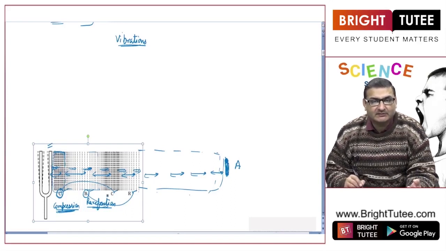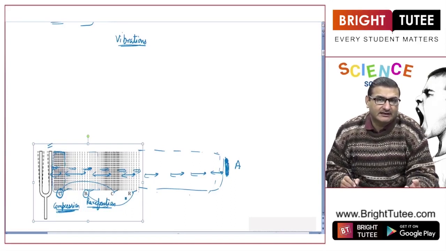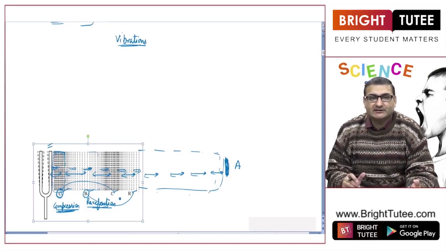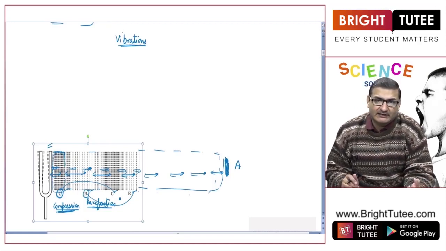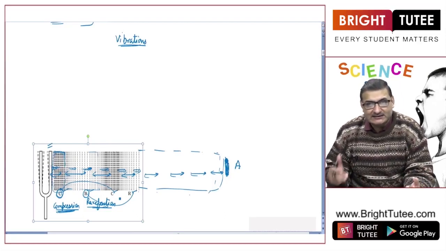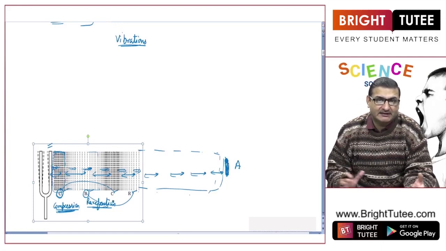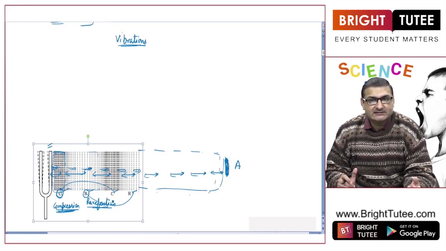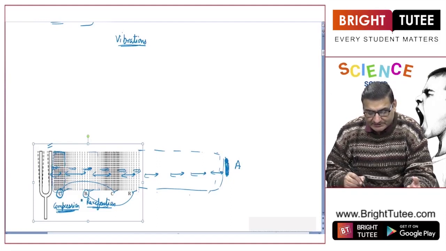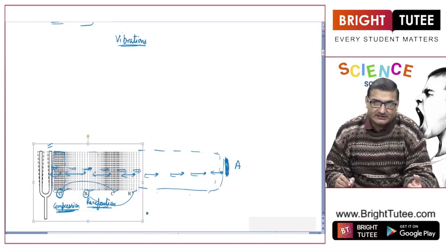It is that part of the layer of air in which the particles are apart from each other as compared to the normal arrangement, because of which the density is less than normal, and because of less density, the particles being apart from each other at some distance, they will exert lesser pressure. Got it? Fine. So this is compression and rarefaction.